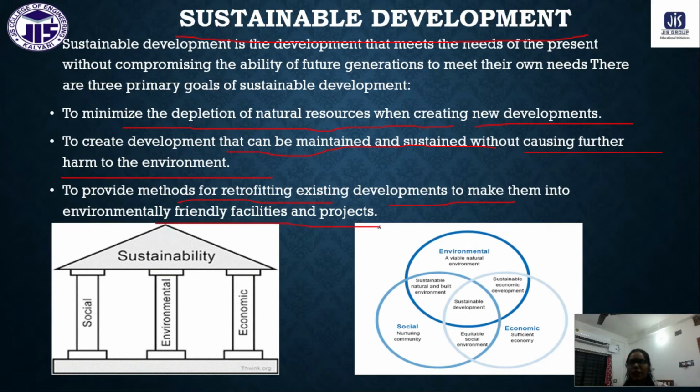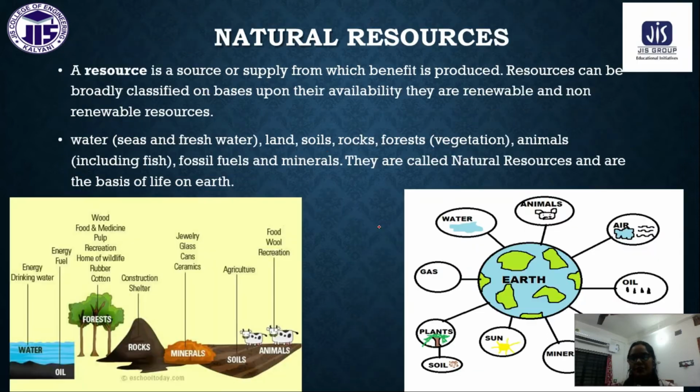Exactly. So these are some of the procedures and processes we can follow while doing development but keeping our environment safe. So this is called sustainable development.